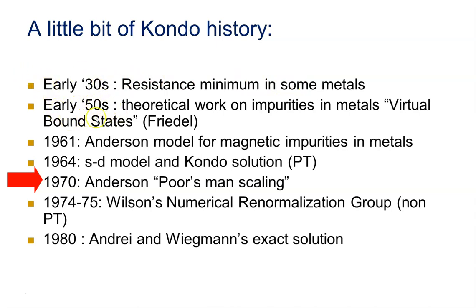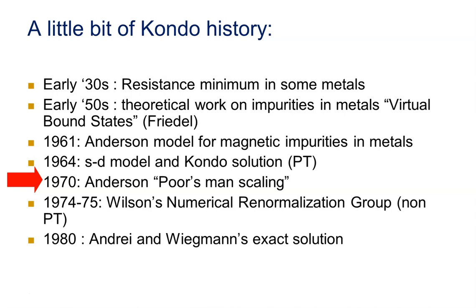But in the early 50s, there was also theoretical work on impurities in metals, and the work by Friedel, for instance, on virtual bound states, which was an important piece that was later used in the explanation for the Kondo effect.